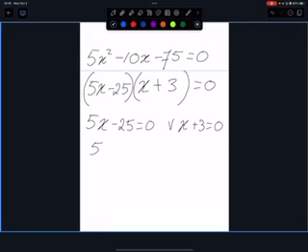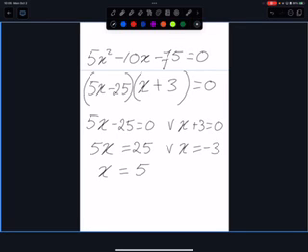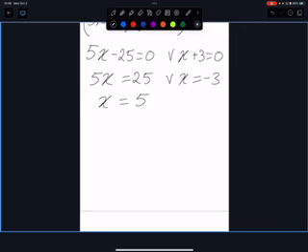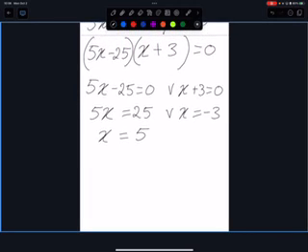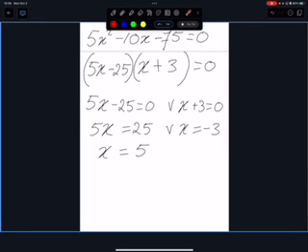There's no square. So the roots are at minus 3 or 5. 25 divided by 5.